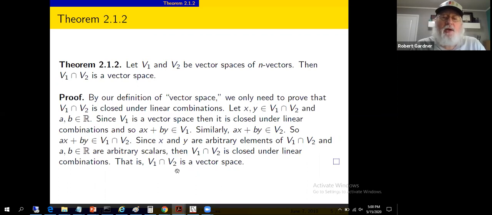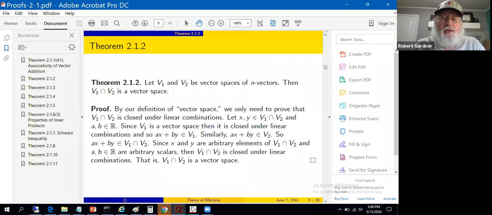So every linear combination of two vectors, and by induction more vectors if you like, of vectors in V1 intersect V2 is in the intersection. We've got closure under linear combinations. So indeed, V1 intersect V2 is a vector space.